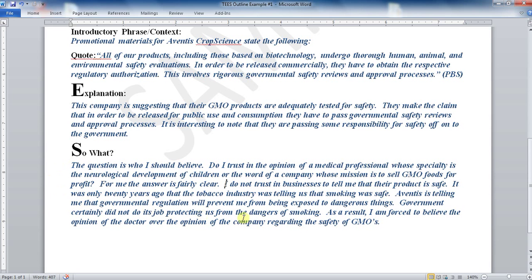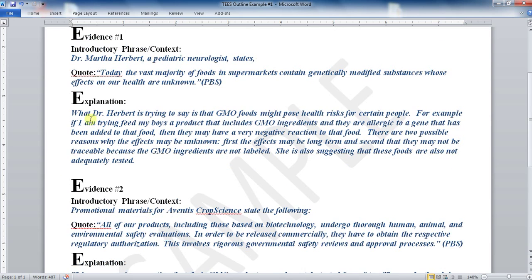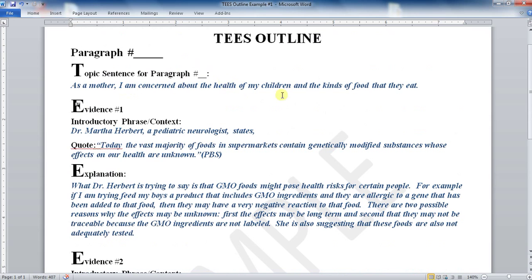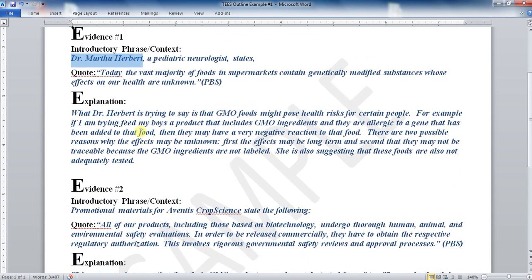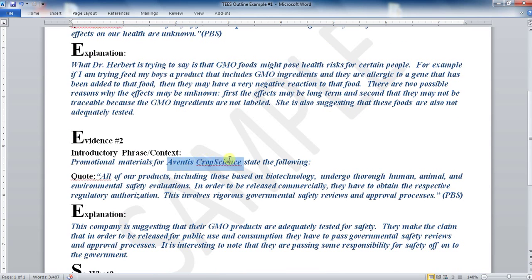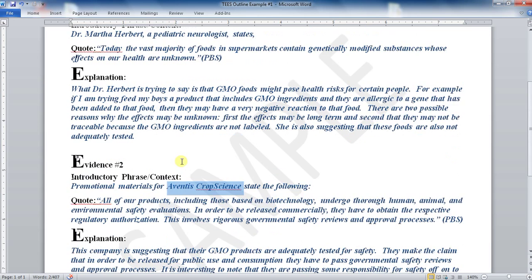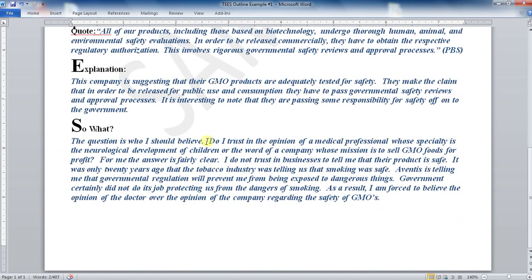So my so what is me explaining that as a parent, I have concerns about the health of my children and the kinds of food, and I have to listen to the quote-unquote experts. One who's a doctor, one who is trying to sell me this product. And so my so what is explaining how I make that choice when I'm choosing between those.